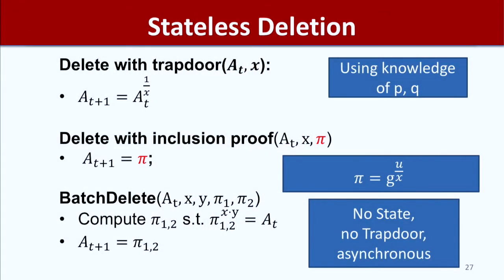But what we really want then is also a way of doing that in an asynchronous manner, or what I would call a batch delete manner, so that different transactions can come in asynchronously, all giving membership witnesses for certain items, and then somebody can take all of those membership witnesses and say, okay, these are all valid membership witnesses. Let me now use these to remove all of these items from the accumulator state in one batch operation. So that's what this batch delete does.